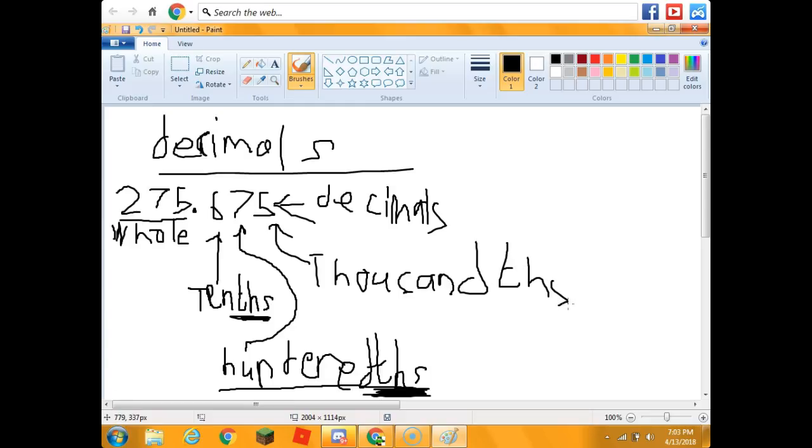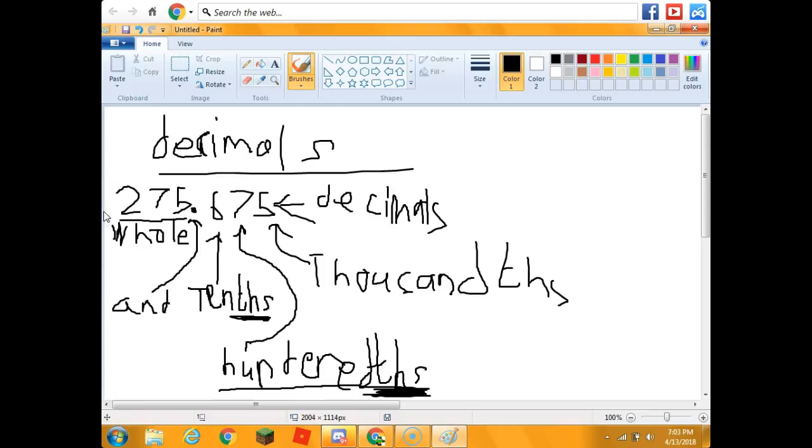And you should be getting a pretty good understanding of decimals, which is this in the mathematician words. This is not the dot or the decimal point. This, it means and.